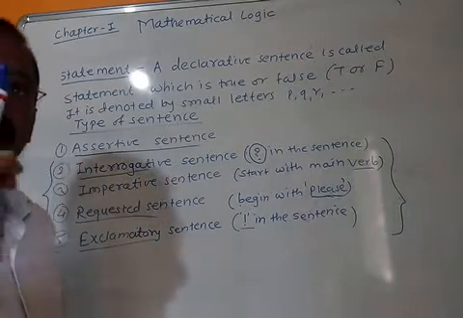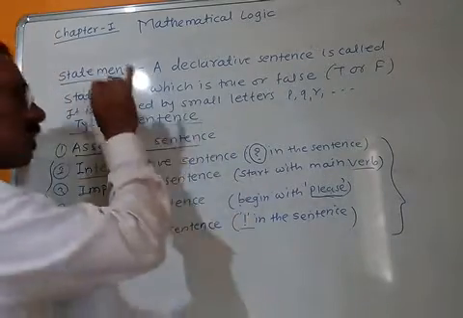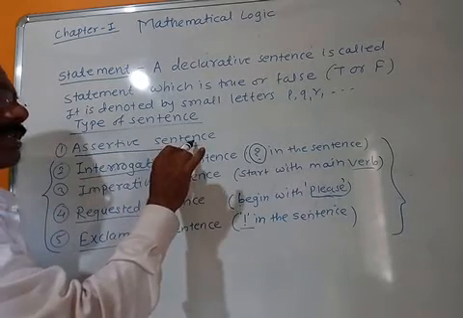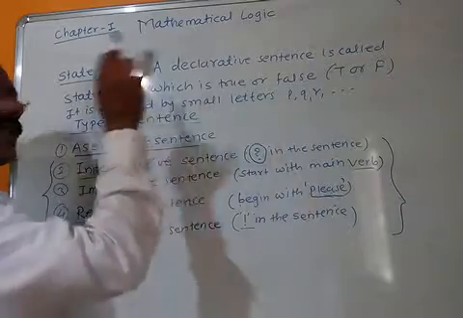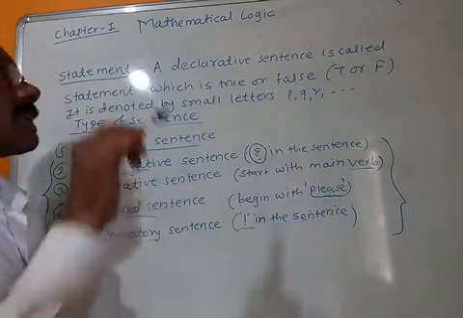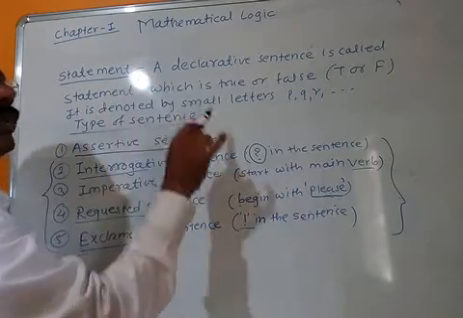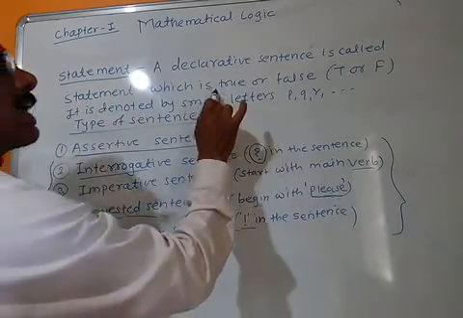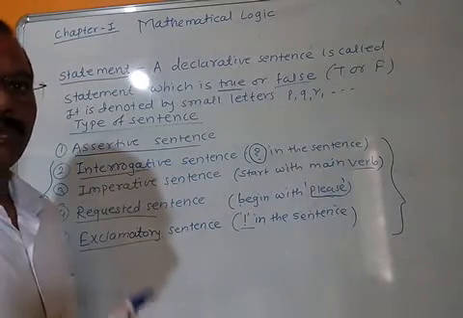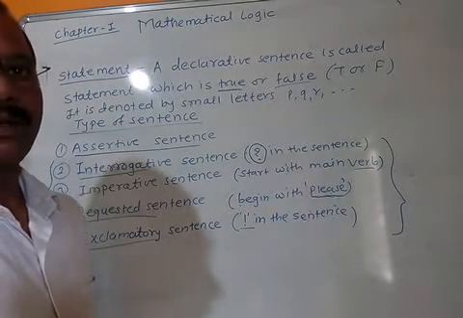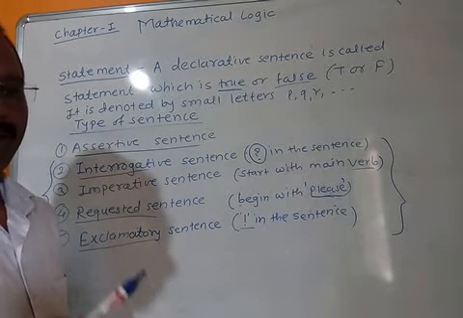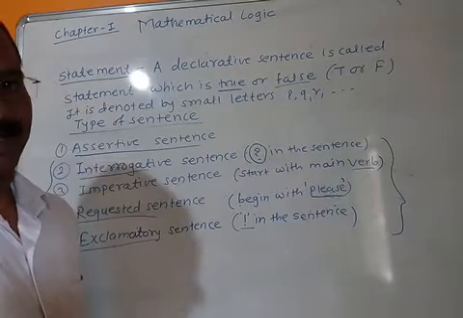If a sentence is assertive or declarative, it is a statement. If the sentence is a statement, then only it has a truth value, true or false. Just like in questions in Marathi, Hindi or English, write the statements true or false.